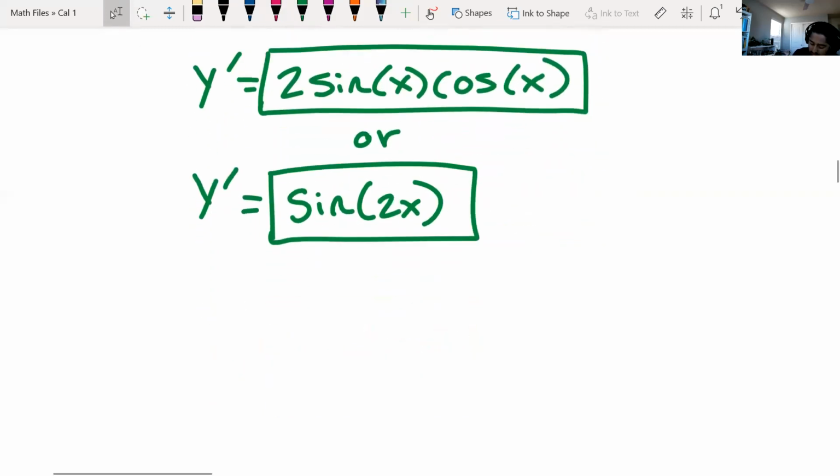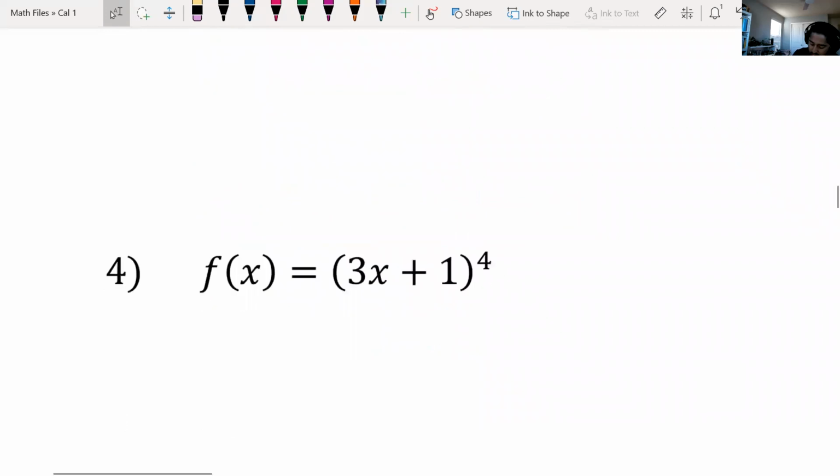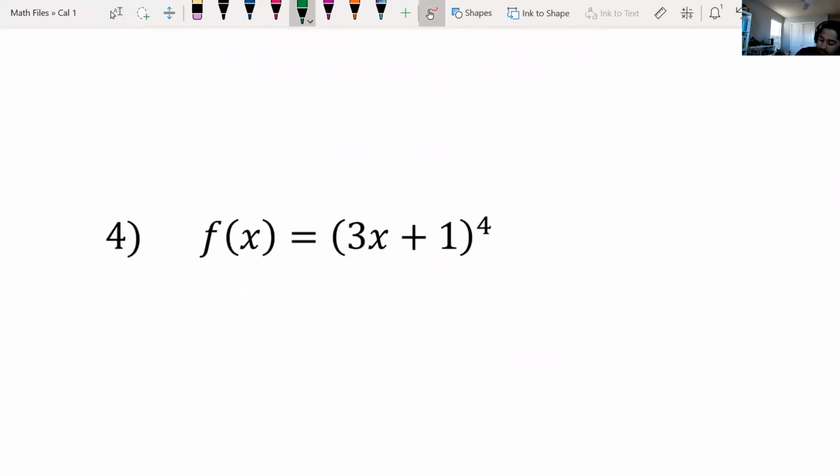Okay, let's keep going. All right, number 4. Now we know what we're doing. So here we have 3x plus 1 to the 4th. So the derivative f prime of x, somebody give me this derivative by chain rule.